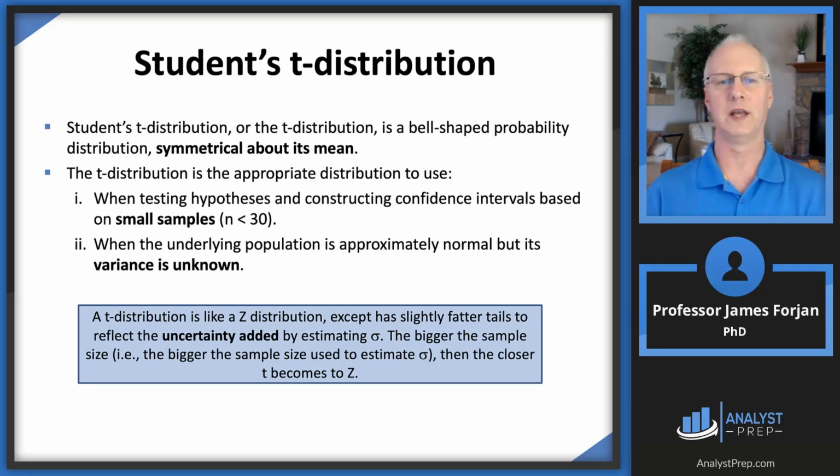So look under the I there. Whenever you're using small samples less than 30, you have to use the t distribution. But what we know is that once you get to 30 and 40 and 50, the student's t distribution becomes the z distribution. But you also have to use this when the variance is unknown.